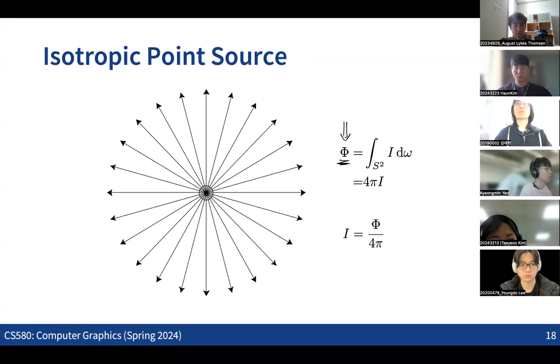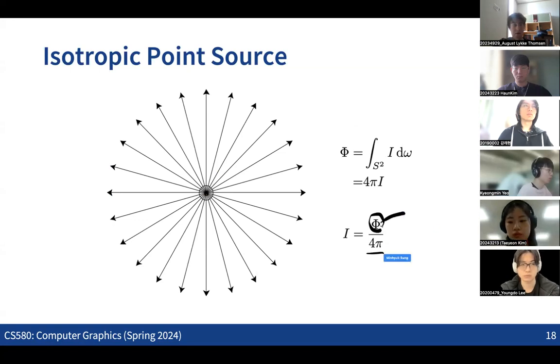Let's think about that. We have a light source with this amount of flux, phi, emitting light with uniform intensity into all directions. Then we can calculate this uniform intensity as phi over 4 pi, right? This can be computed based on our definitions of the solid angles.